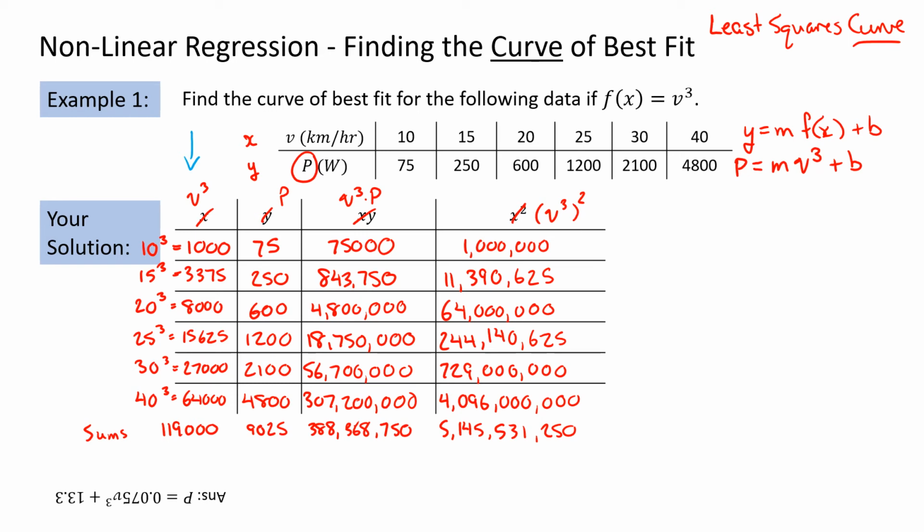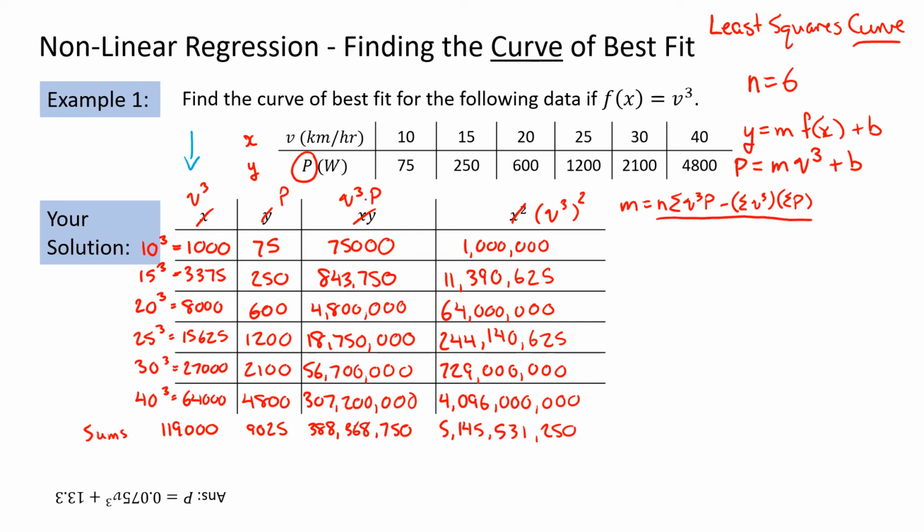Our last data point that we're going to need is our total number of data points, which in this case, counting them, 1, 2, 3, 4, 5, and 6 data points. So that means that n is equal to 6. So our slope, m, is equal to the number of data points times the sum of x times y, which here is v cubed times p, minus the sum of the x terms, which is the sum of v cubed, because remember, that's our first column, times the sum of our y terms, which is the sum of our powers p.